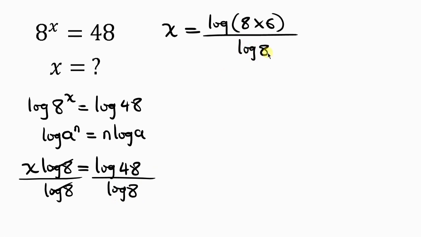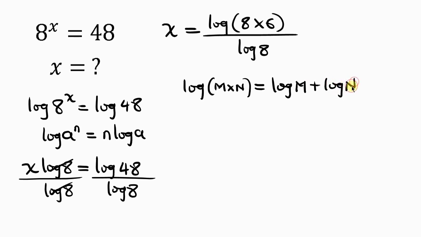Our next step will be for us to apply another law of logarithm, which says when I have, for example, log m times n, this can be written as log m plus log n, which is the multiplication to addition law of logarithm.